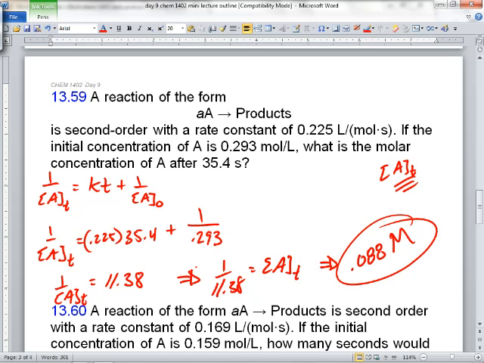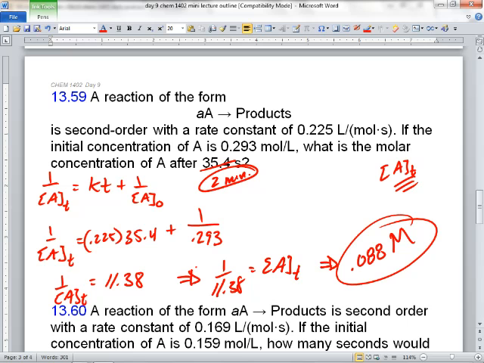Okay. Now the homework could try to pull a fast one here. What if they would have said after 2 minutes? You've got to convert it to seconds. How do you know? Pretty much it's always in seconds.